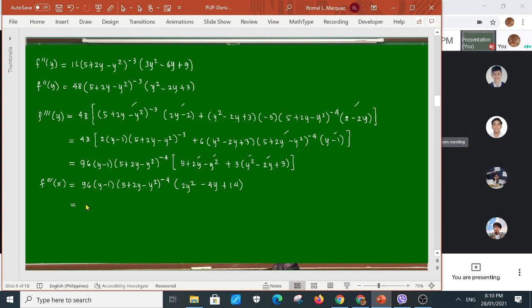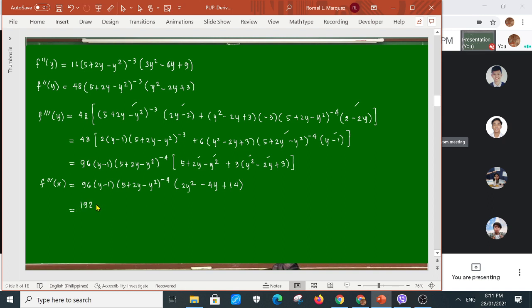Jan Paulo, 192. Y minus 1. Ako hindi ko actually agad maisip. Ibaba ko na yung negative exponent na to, para naka-positive. Pero okay lang negative exponent. Pinactor out ko rito. So, 192.